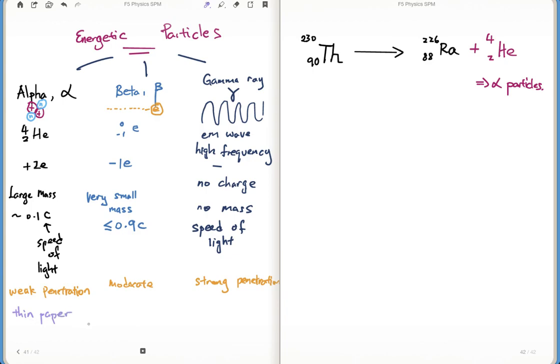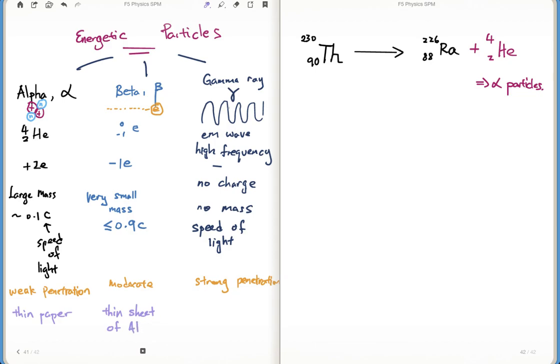Whereas beta is electron, so you use a thin sheet of aluminum.